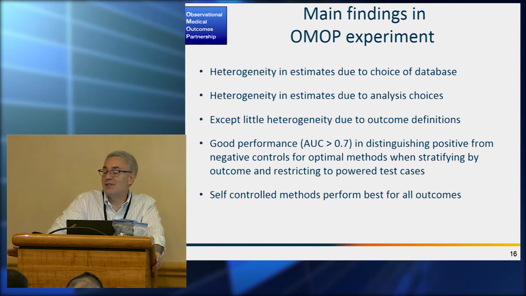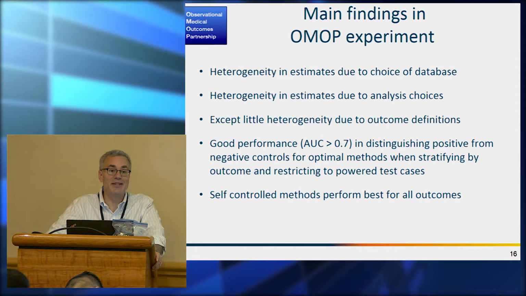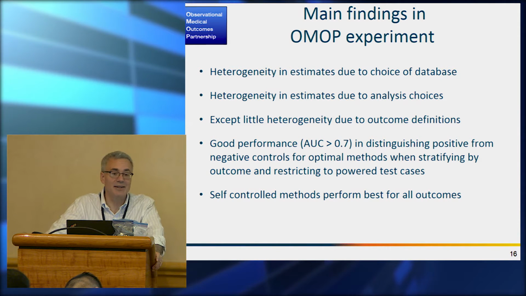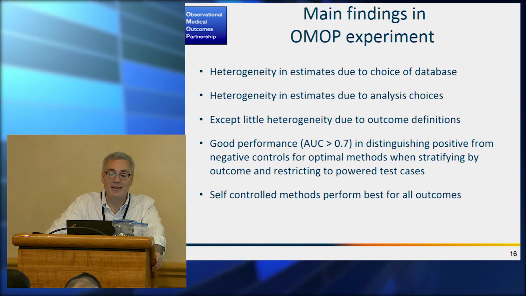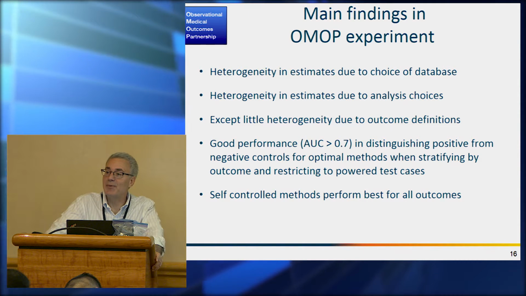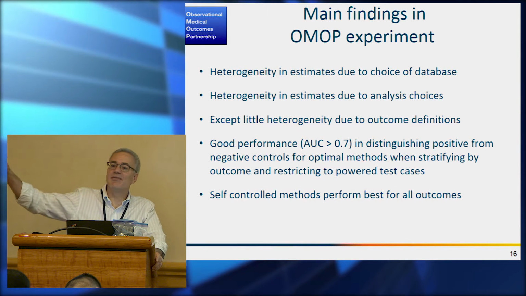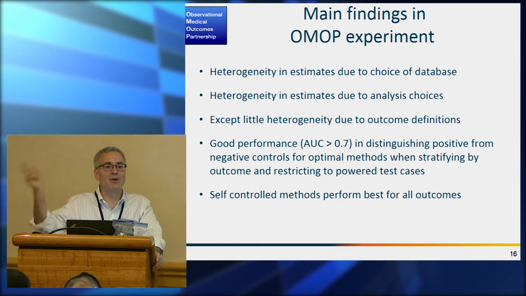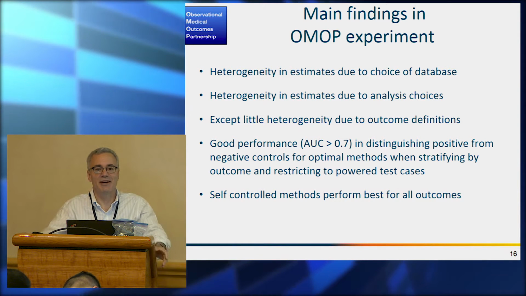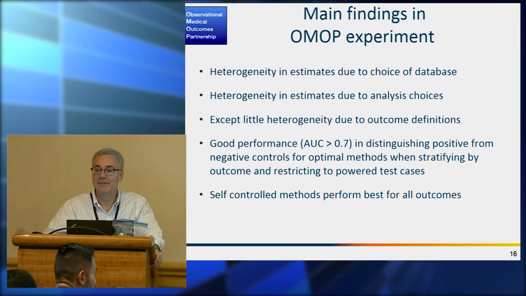That's partially because the different databases represented different populations, but it's also just because the databases work slightly differently, collected the data differently, and resulted in larger differences than you might think. In one paper, we showed that with two different databases, one could show a drug was causative of an effect, and the other showed it was protective. Not that one was significant and one wasn't. They were in opposite directions, both statistically significant in two different databases with the same method.